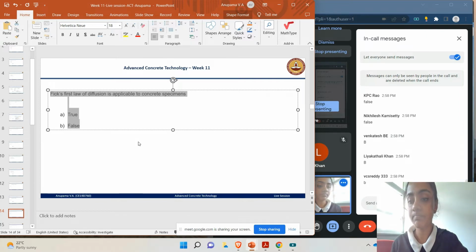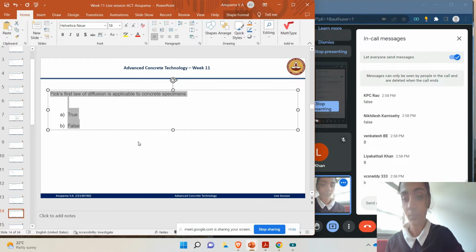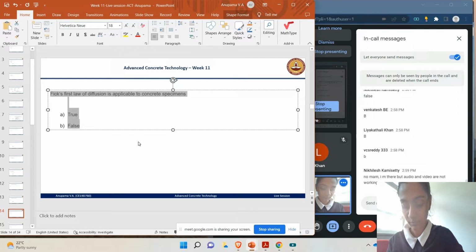Or you can even put it in the chat box. Okay, Niklesh, no problem. But can you put in the chat box why it was false? You're saying Fick's first law of diffusion cannot be applied to concrete specimens. I'm asking why.